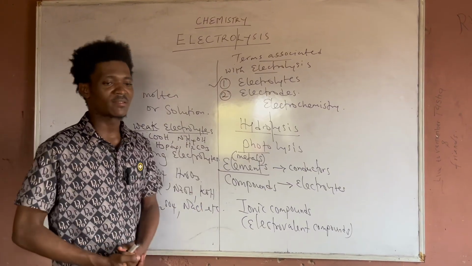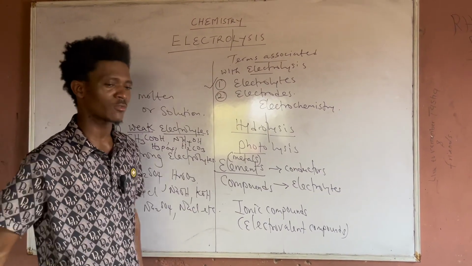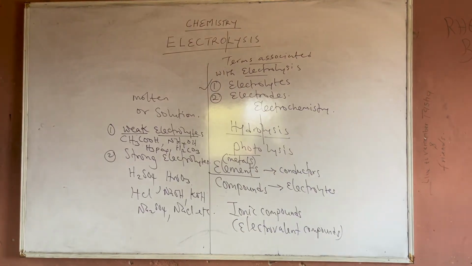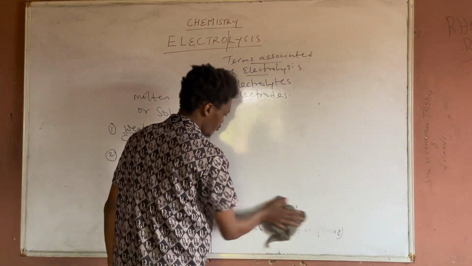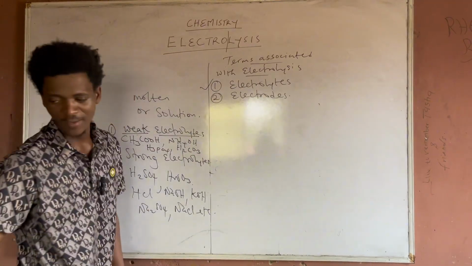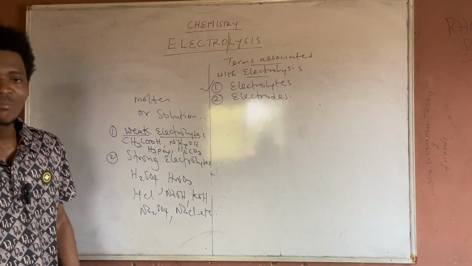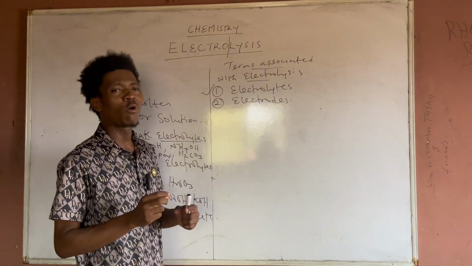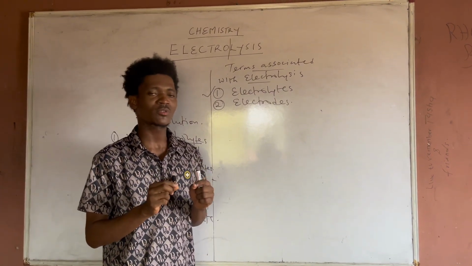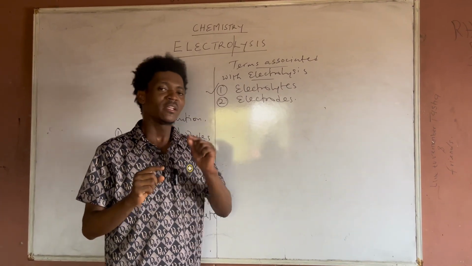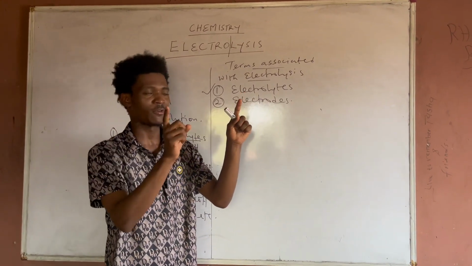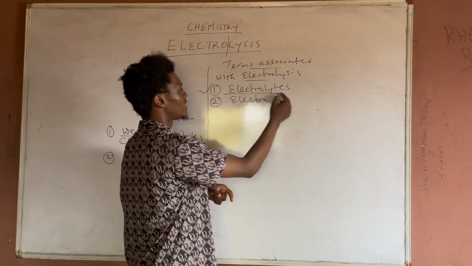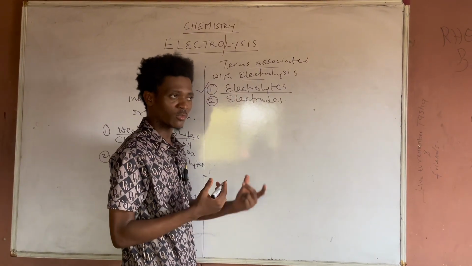So the next is electrodes. Let's see what electrodes are. Electrodes are simply materials in the form of wires, rods, or plates through which current enters or leaves the electrolyte. Don't forget, electrolytes remain compounds that conduct electric current.